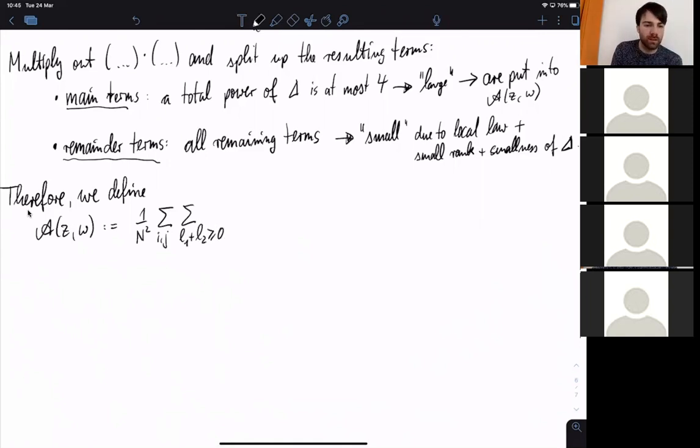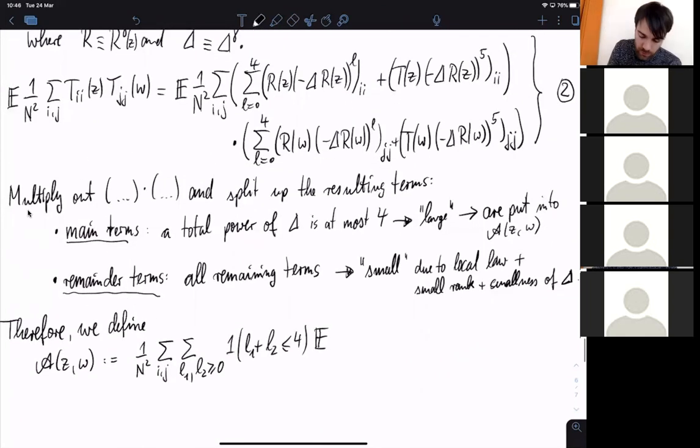Each of them should be positive, but their sum should be smaller than 4. And then I have the following. So you should think of this as the main terms, and these come in by combining such a term here with this term, so all possible combinations between these first two terms. So they look as follows.